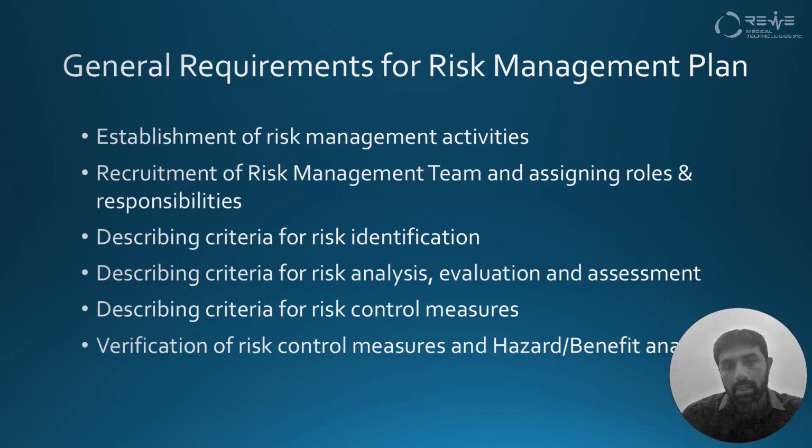So, what are the general requirements for making the risk management plan? First of all, we have to establish the risk management activities, what activities we are going to perform in the risk management process. Then the recruitment of the risk management team and assigning roles and responsibilities to them. And then describing the criteria and the procedure for risk identification. Then describing the criteria for risk analysis, evaluation and assessment.